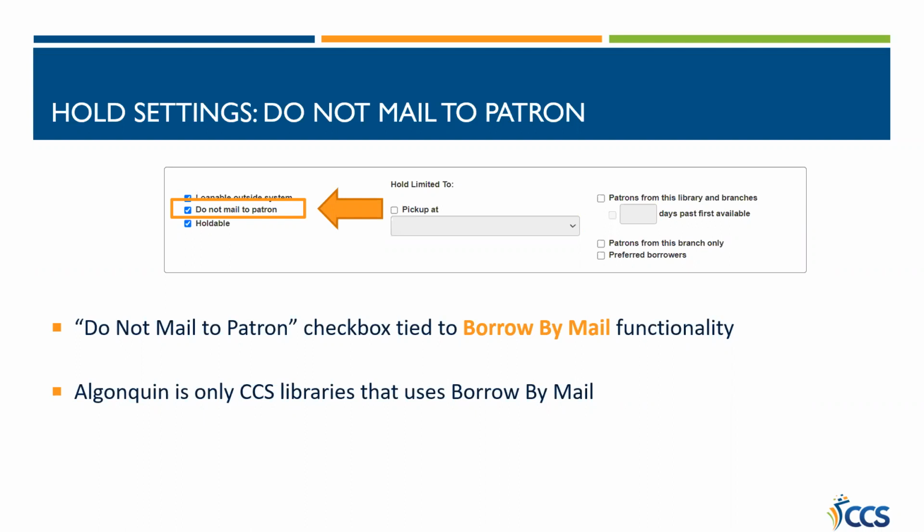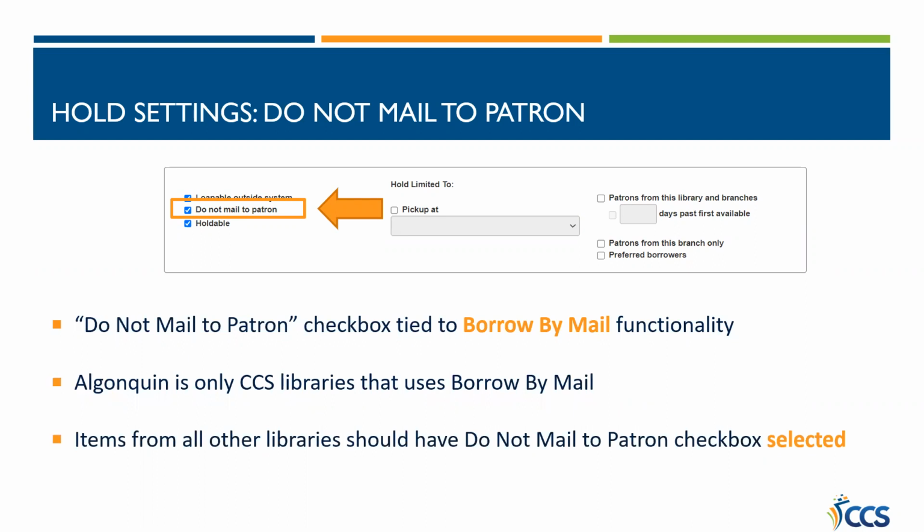Because Algonquin is the only library that offers borrow by mail, they are the only library whose items are eligible. That is why for all other CCS libraries, this checkbox should be set to do not mail to patron. Just Algonquin items are eligible to be mailed.